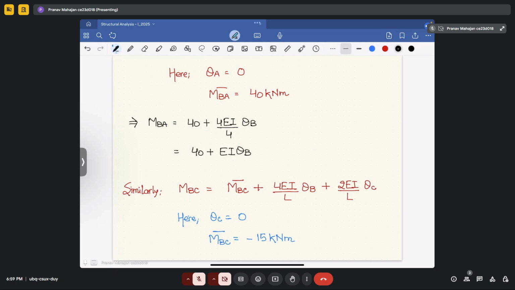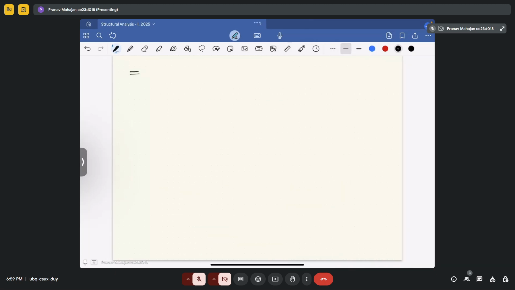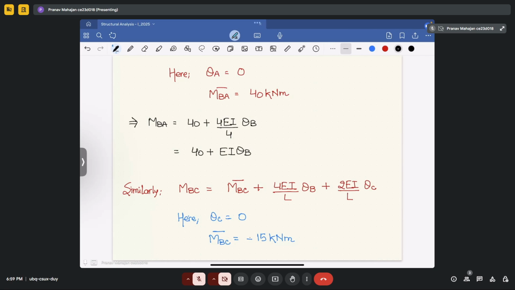So if we substitute the values of theta C and MBC bar, what we will get? We will get MBC to be equal to, sorry, in this case both will be positive, no one will be negative.